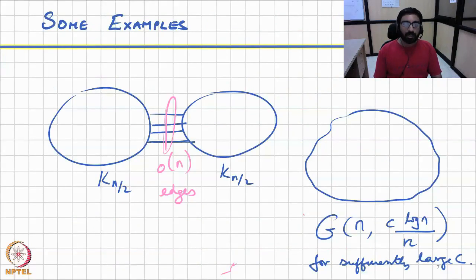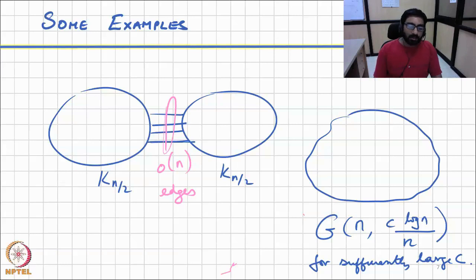Okay, so let's look at a couple of examples. Here are two examples. One is a graph where there are two completely connected subgraphs joined together by some number of edges, let's say some little o of n edges, or even O of n edges for that matter.